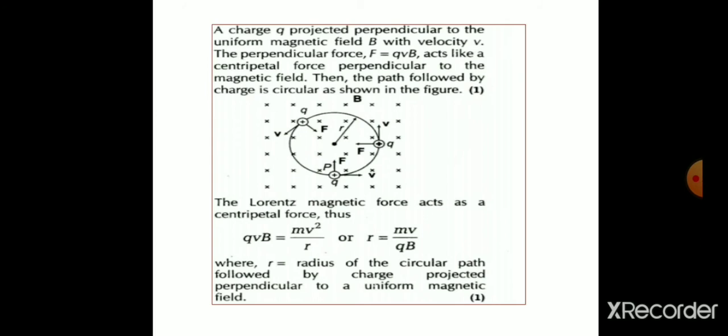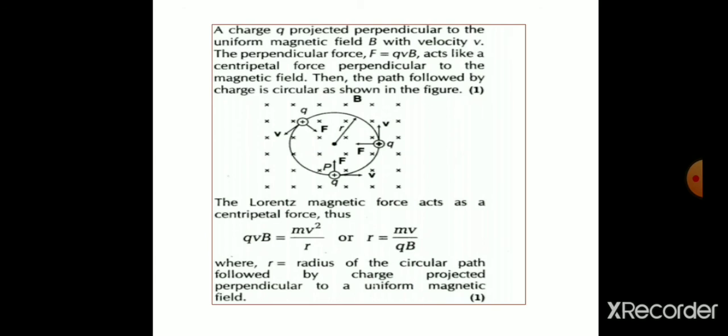If the particle is moving along a circle, then the magnetic force must be equivalent to its centripetal force. Suppose the charged particle is moving along a circle of radius r, then the magnetic force is given by Q into V cross B, which will be QVB, since V and B are perpendicular to each other.